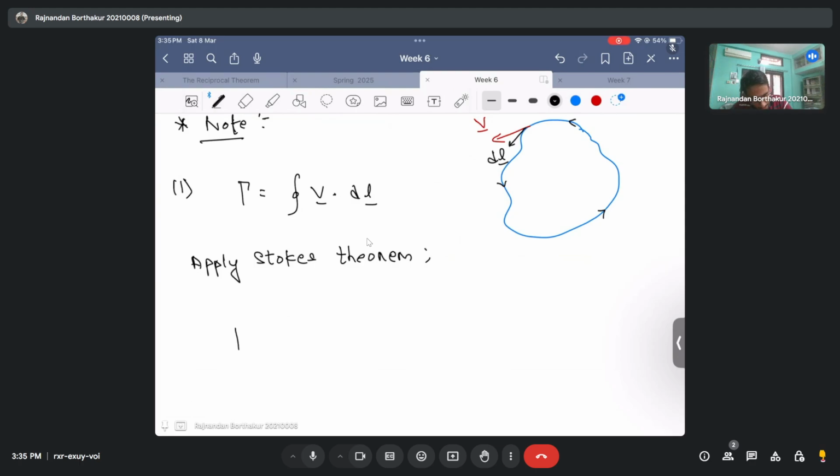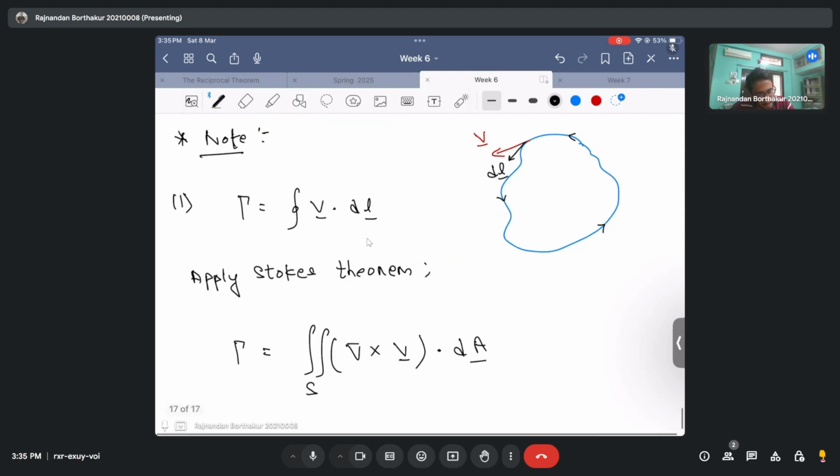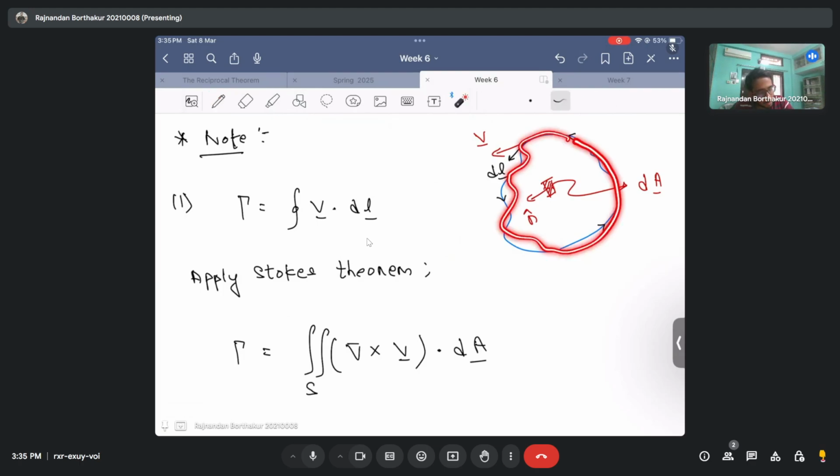I can then write it as a surface integral of curl of V dot dA, where dA is the elemental area enclosed by this closed curve as a perimeter.